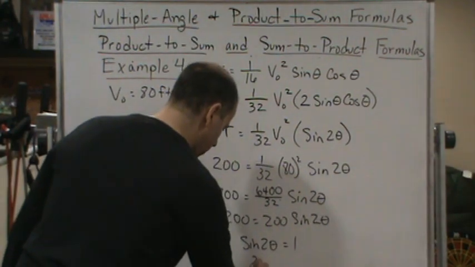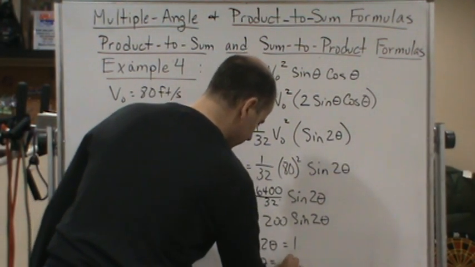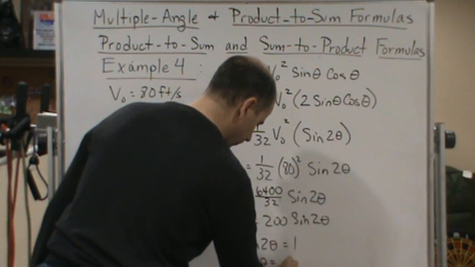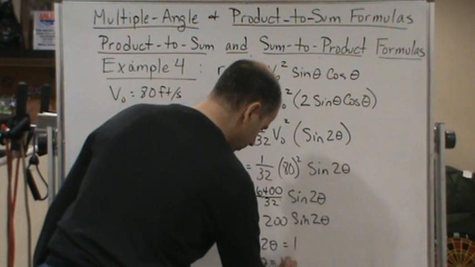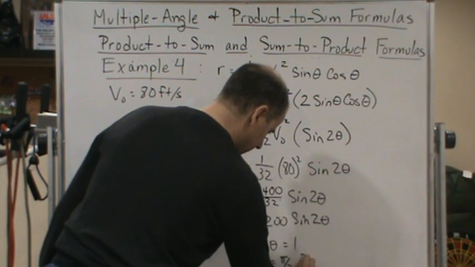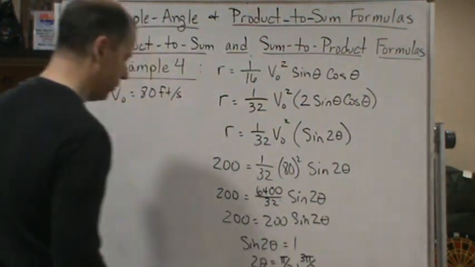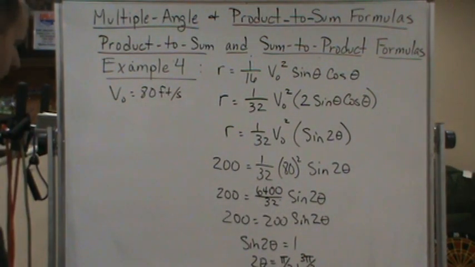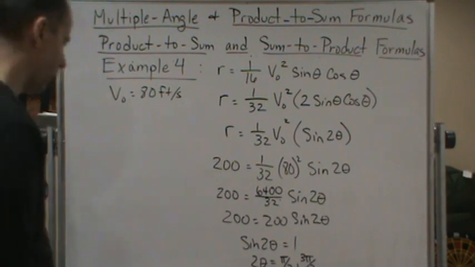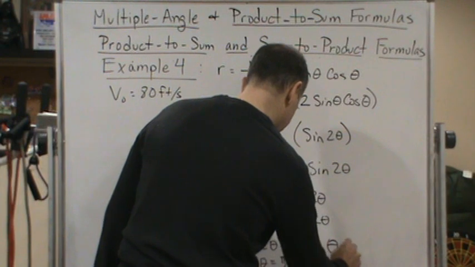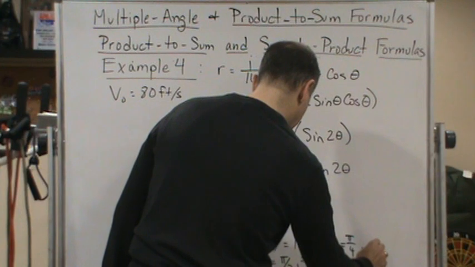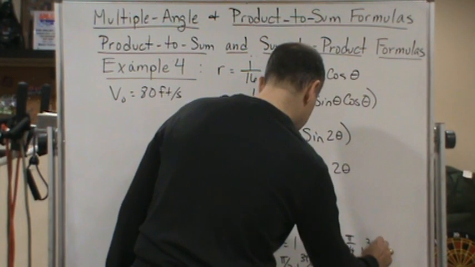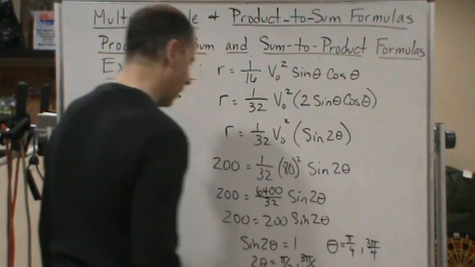So that means 2 theta equals pi over 2 and 3 pi over 2, which means theta is equal to pi over 4 or 3 pi over 4.